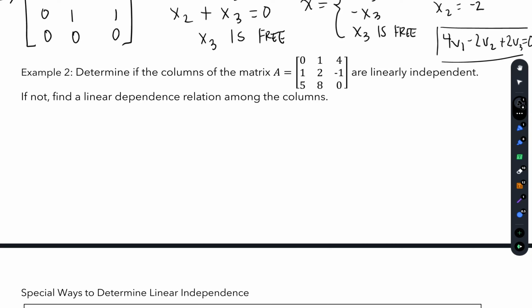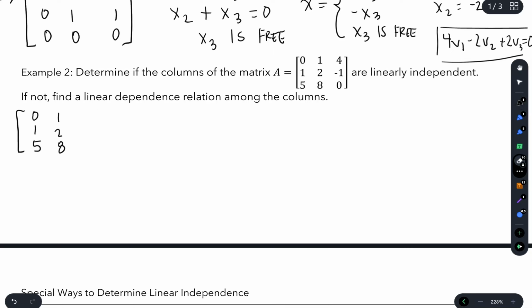Okay, so if I set my matrix up here, you can use this as a coefficient matrix or leave it as an augmented matrix. So let's make it augmented.